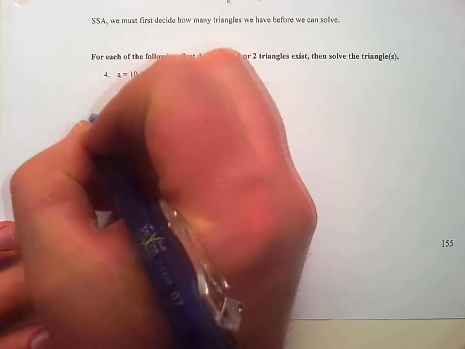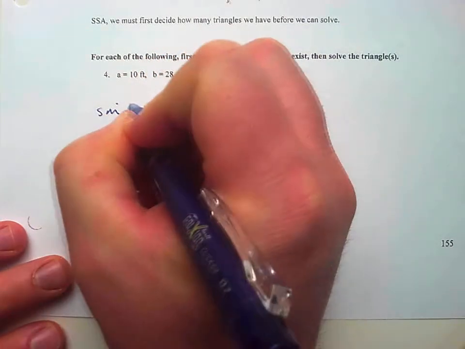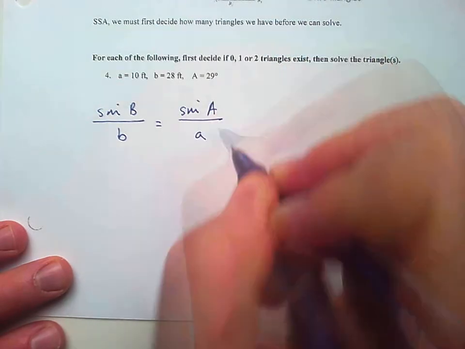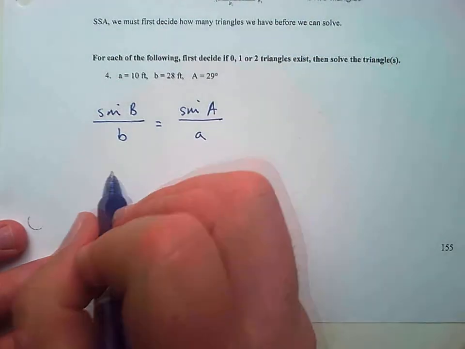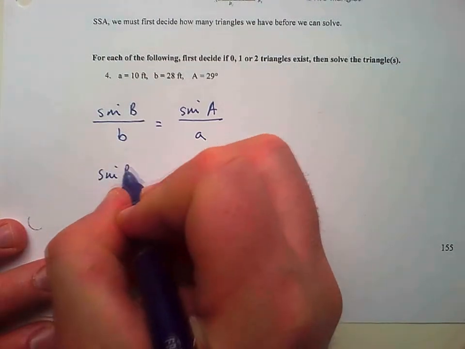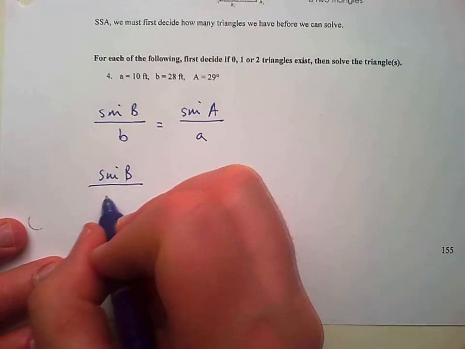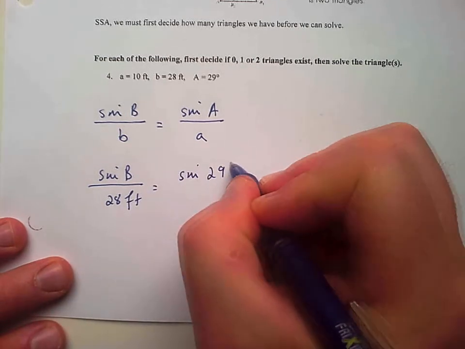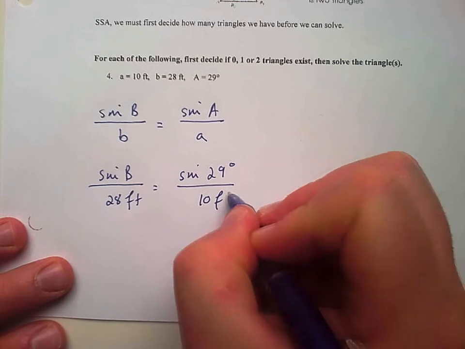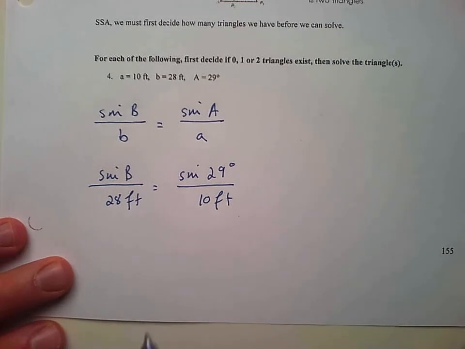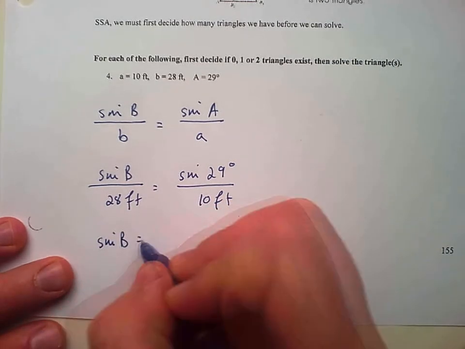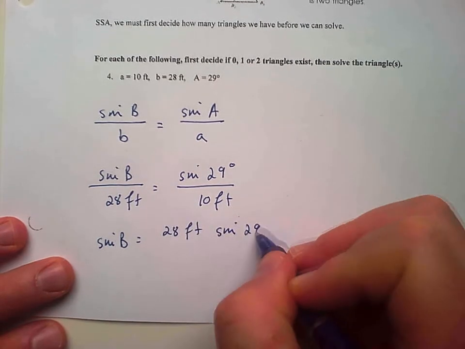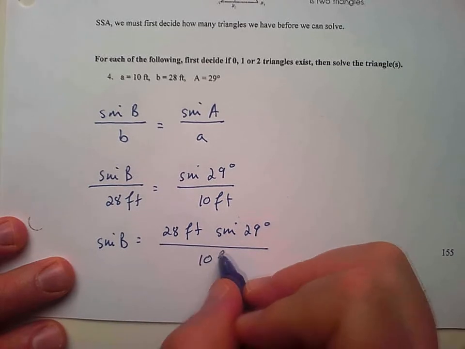So again, sine of B over b is equal to sine of A over a, so sine of B over 28 feet is equal to the sine of 29 degrees over 10 feet. Solving for the sine of B, this is going to be 28 feet times the sine of 29 degrees divided by 10 feet.